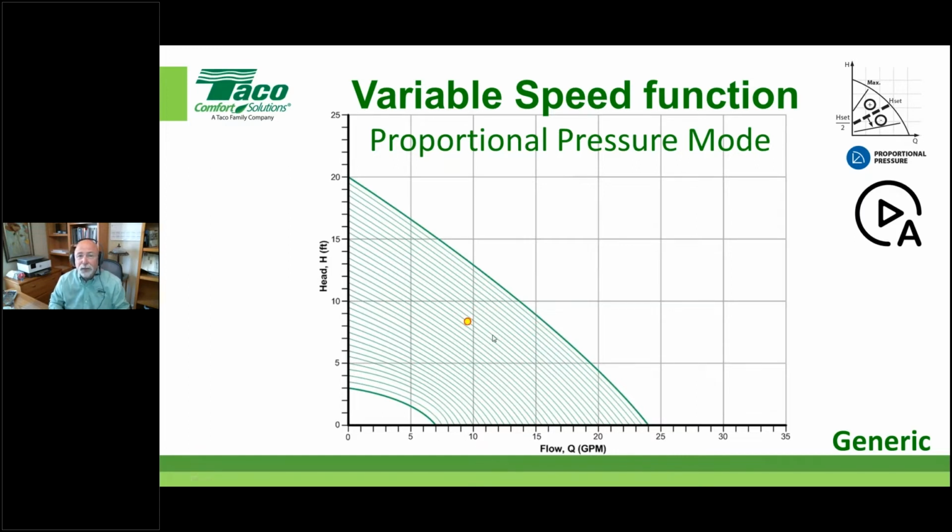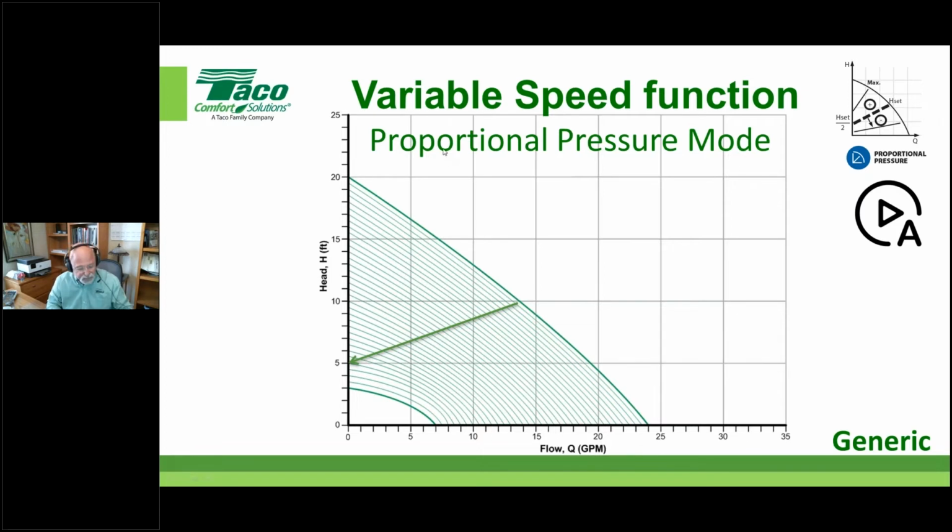Notice what it's doing though. It's moving a little bit different than constant pressure, right? It's moving from the right to the left, but notice how it's kind of dropping down. And folks, it's dropping down on a particular pitch. In this case, as it slows down, it's pitching downward toward 0 GPM.